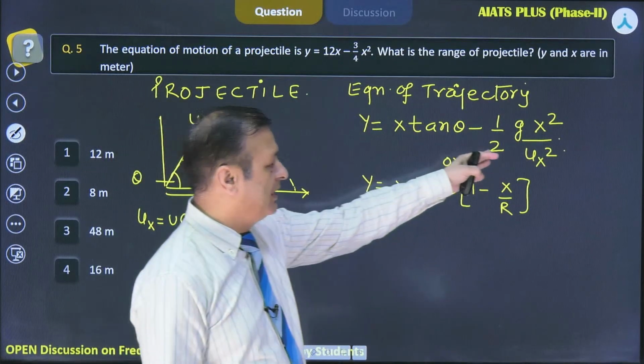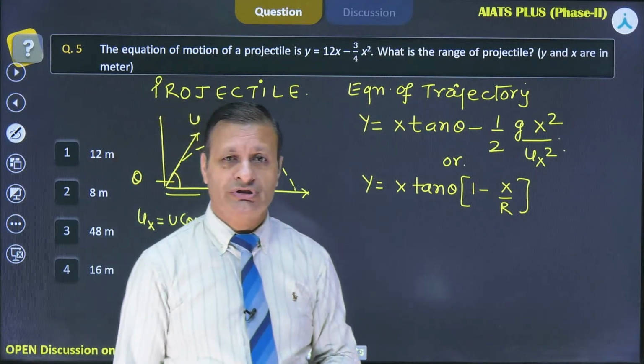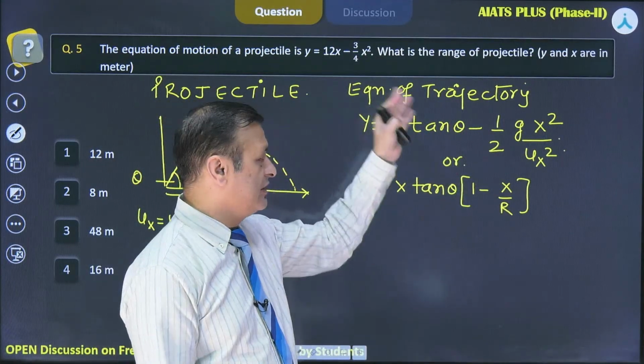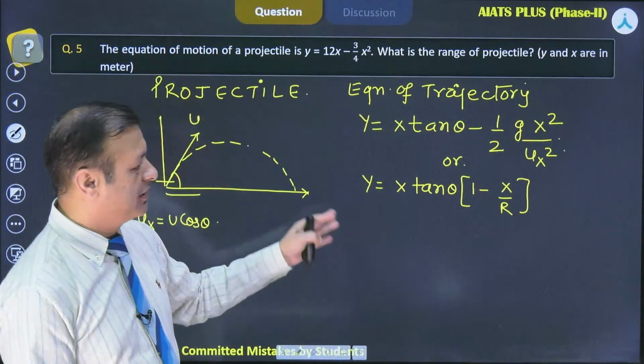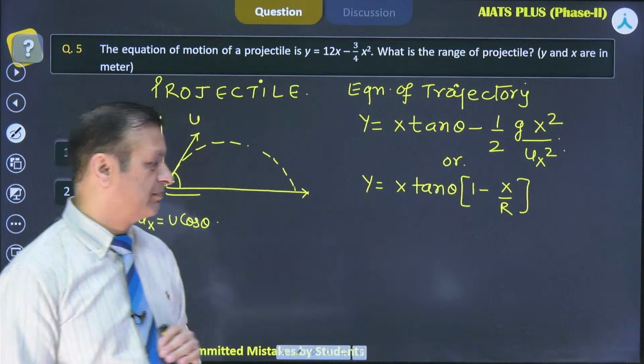You can compare the standard equation with the given equation, and you can extract all the variables involved just by comparing it.